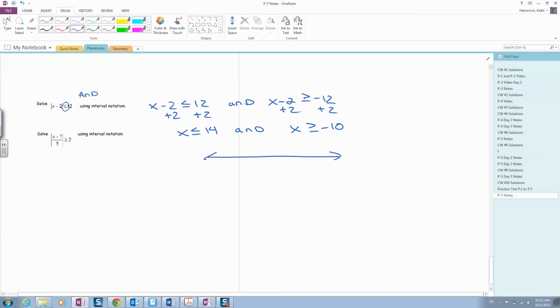So we graph these. So here's negative 10, here's 14. So greater than or equal to negative 10 goes this way, less than or equal to 14 goes that way.